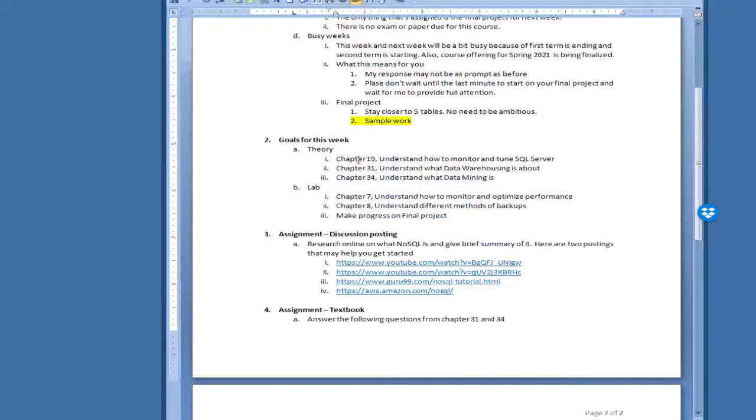Chapter 19 of your textbook: understand how to monitor and tune the SQL Server. This should not be done every day. Should it be monitored? Yes, of course, it should be monitored. There should usually be a dashboard that the DBA looks at in real time.